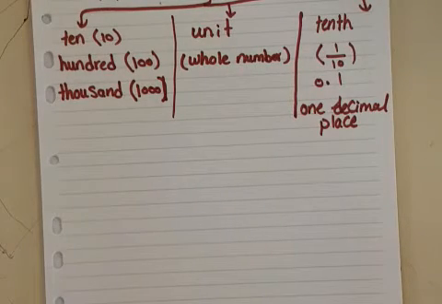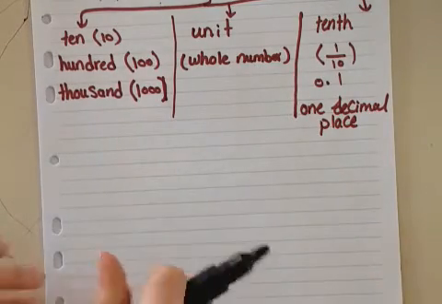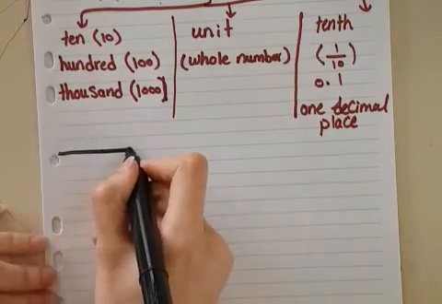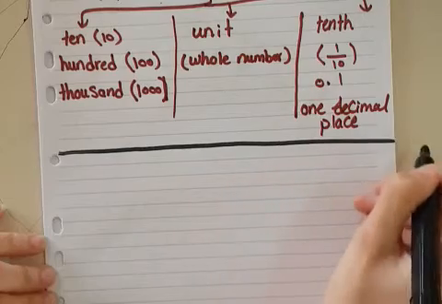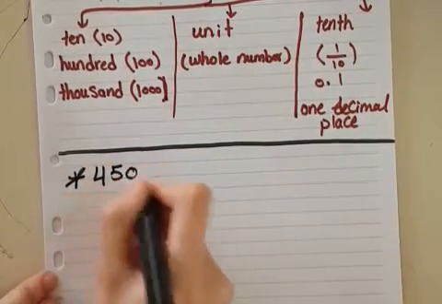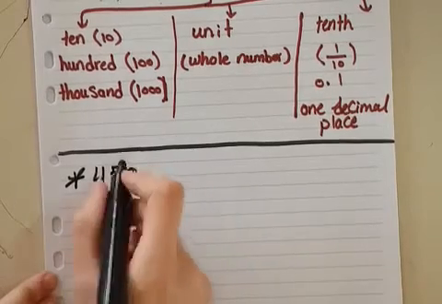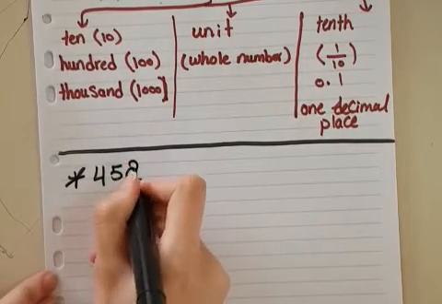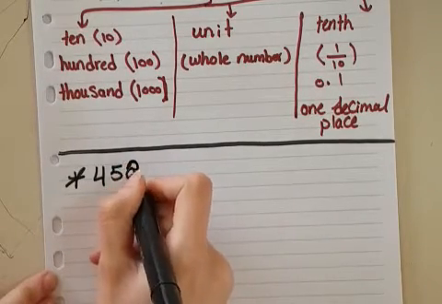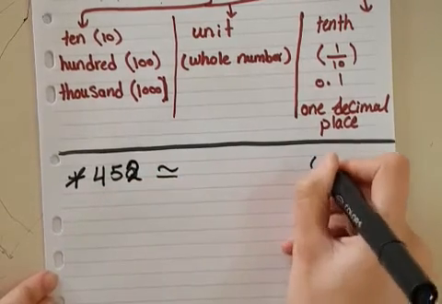What if I have approximation to the nearest 10? If I have a number like 452, and we want to approximate this number to the nearest 10.